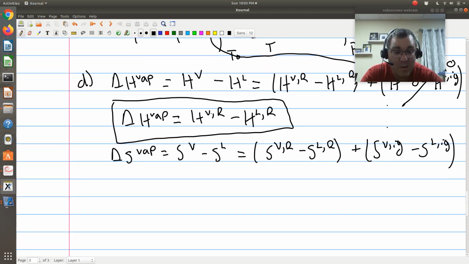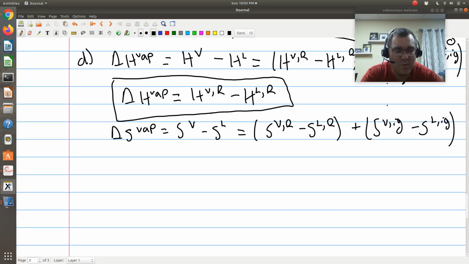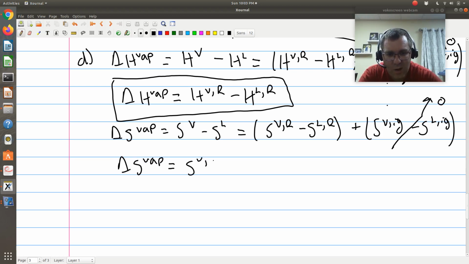But my two phases are at the same temperature and pressure, so the ideal gas contribution of the entropy of those two phases are equal. So I'd get that delta S of vaporization is equal to SVR minus SLR.